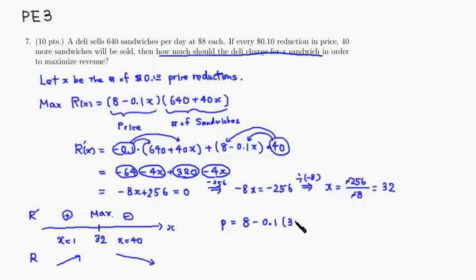We found 32 is the best x, so it's basically 8 minus 3.2, which is 4.8. So that means $4.80 per sandwich is the best price that maximizes the revenue. That's it. I hope that this was clear.